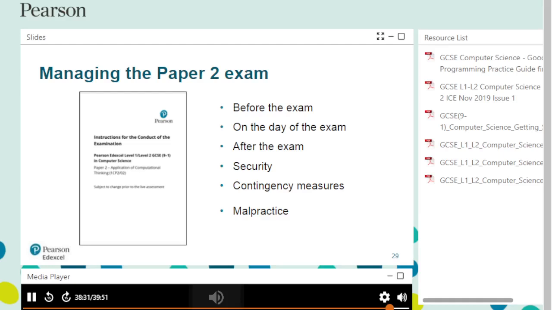On the day of the exam, centres must download, unzip, and place the secure files in each candidate's secure user area. Candidates must save their programming code responses in a designated folder in their secure area. They must not be able to save any files that they produce during the exam anywhere else, and must not be able to access this area at any time other than during the exam.